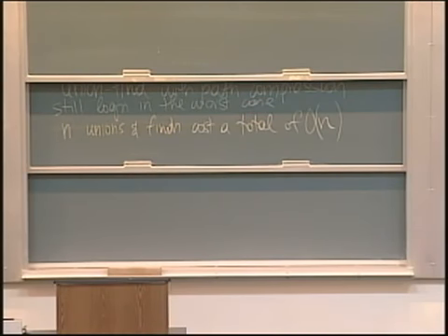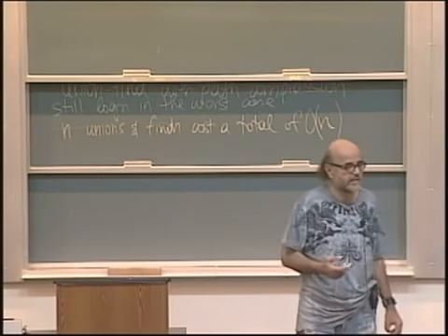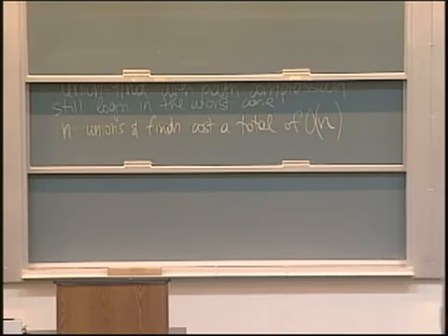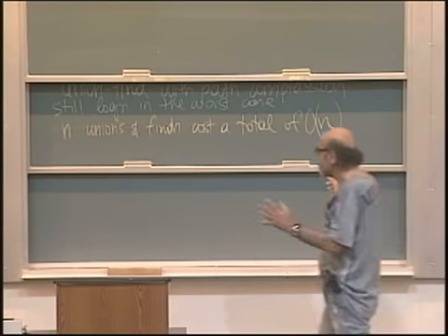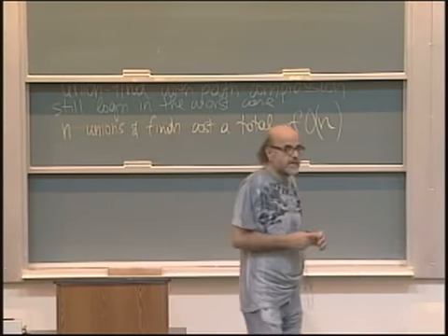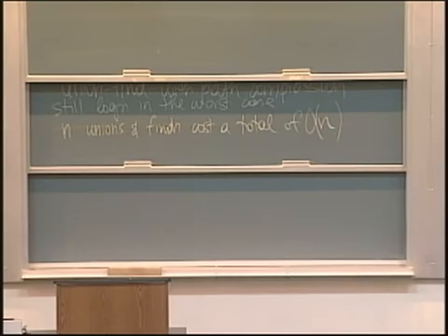You do path compression, and your worst case of your data structure still stays n log n. But the amazing thing is that overall, on the average, your union finds cost you 1. Okay?